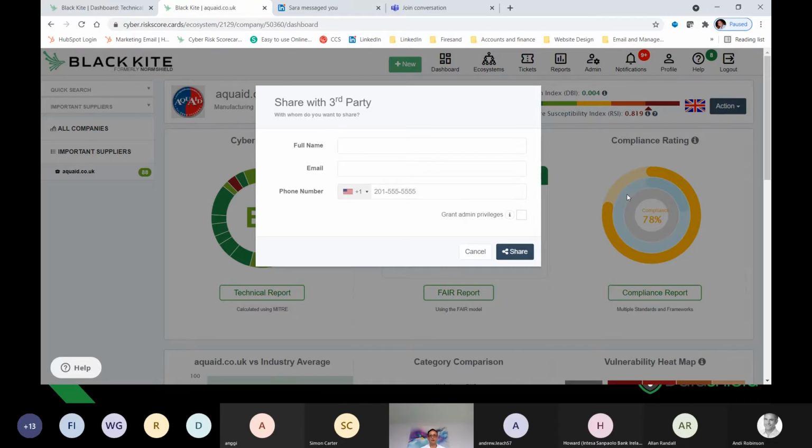You can also grant them admin privileges. And granting them admin privileges means that they can go and update the information within the platform to show that they have fixed something. For instance, if we detect they have had a data breach. Now, the organization might have multi-factor authentication or two-factor authentication, or a password management policy that says we must change our password every week.